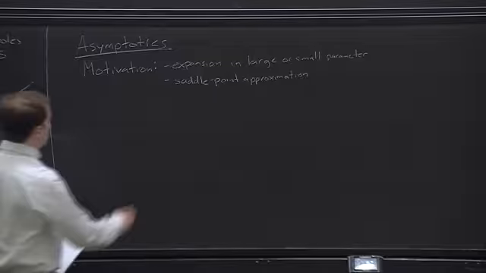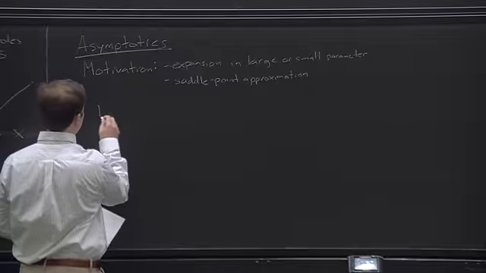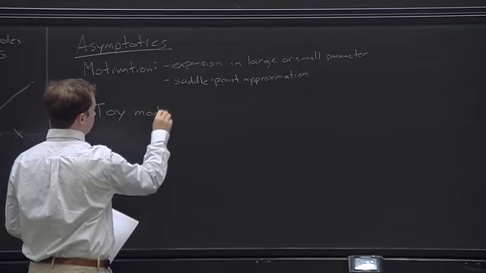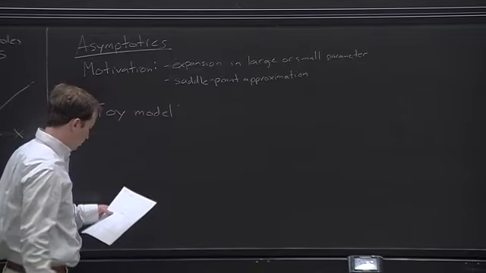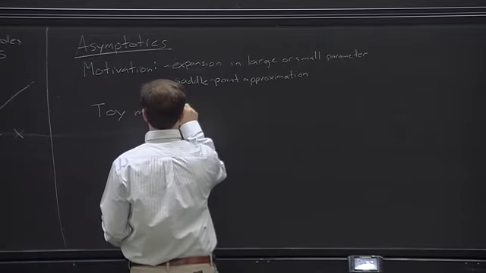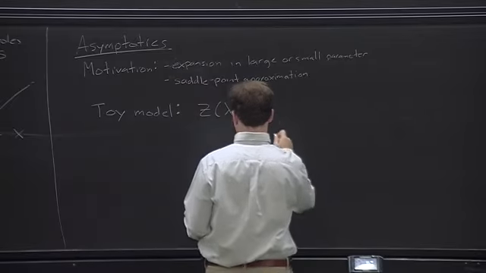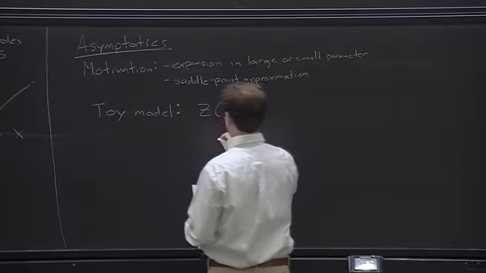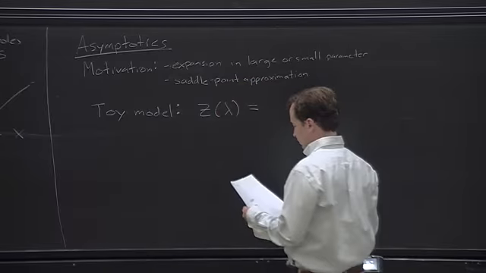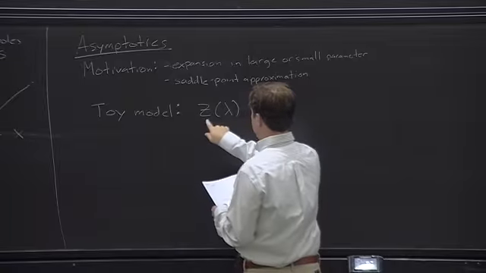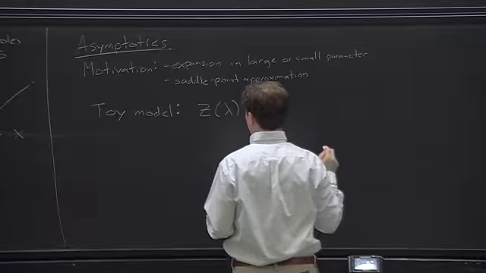So to illustrate why that's the case, let's look at a toy model. This will be a simple version of a quantum field theory that we'll study later in the year. So you can think of this as a zero-dimensional path integral, which just becomes an ordinary integral.